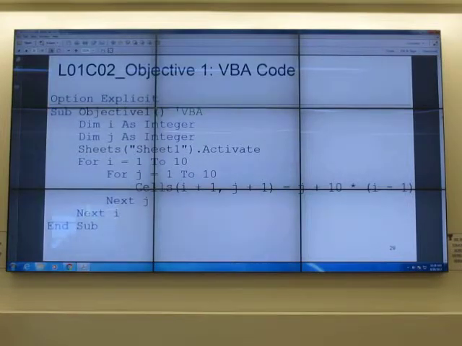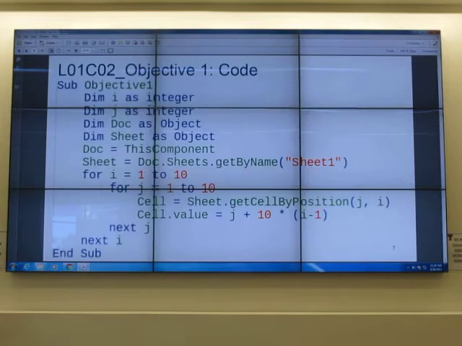So when your I equals 1, your J equals 1, it prints the value on cell 2, 2. If you wanted to print the value to cell 1, 1, you don't have plus 1. Understood? Good?